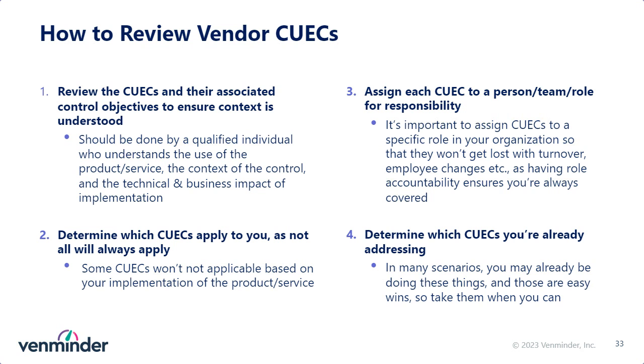And then you want to assign that CUE to a person or a team or a role for responsibility, preferably a team or a role, just because you never know what turnover will do to that implementation. And then you want to look at which CUEs you're already addressing through policy and procedure or controls that you already have in place.